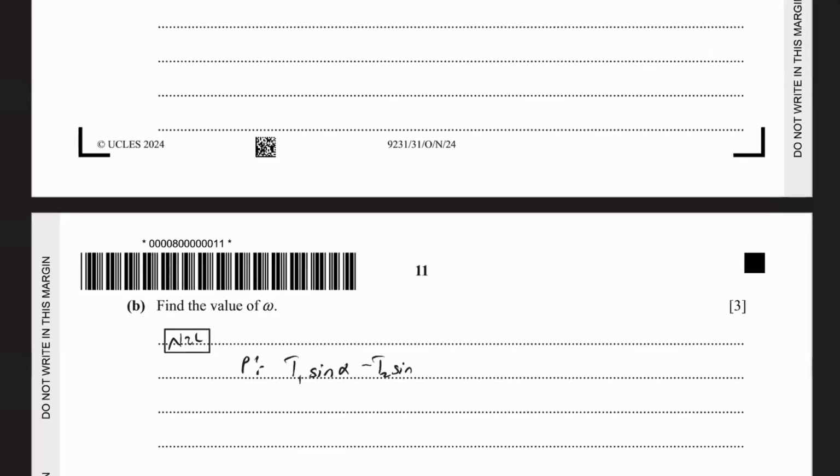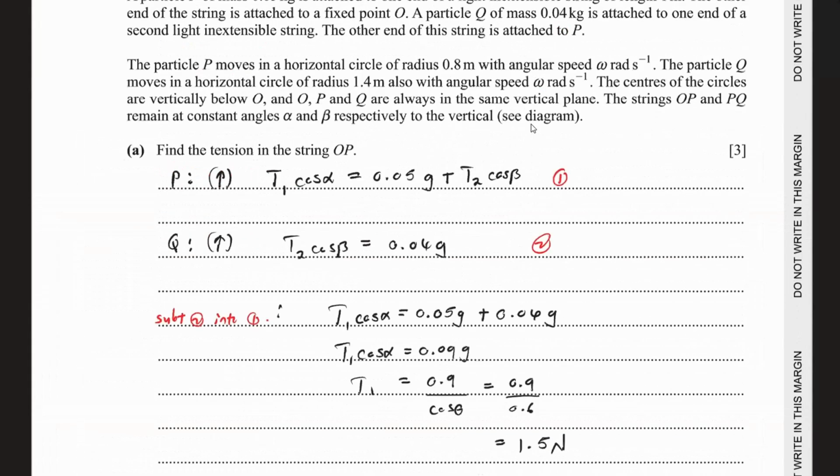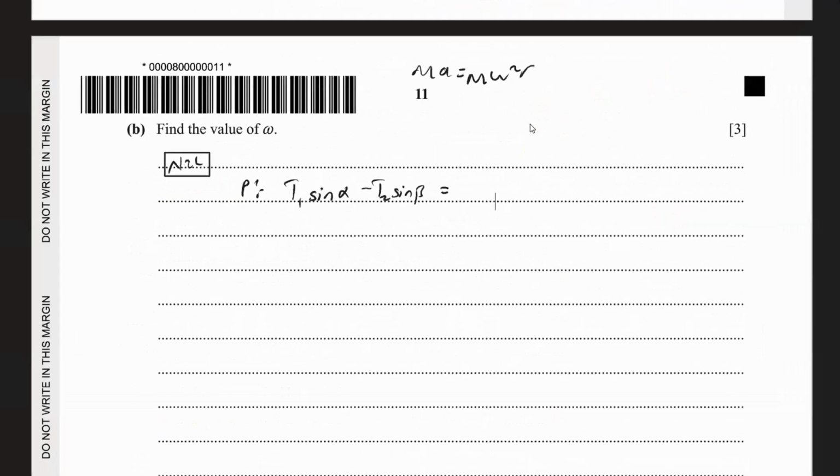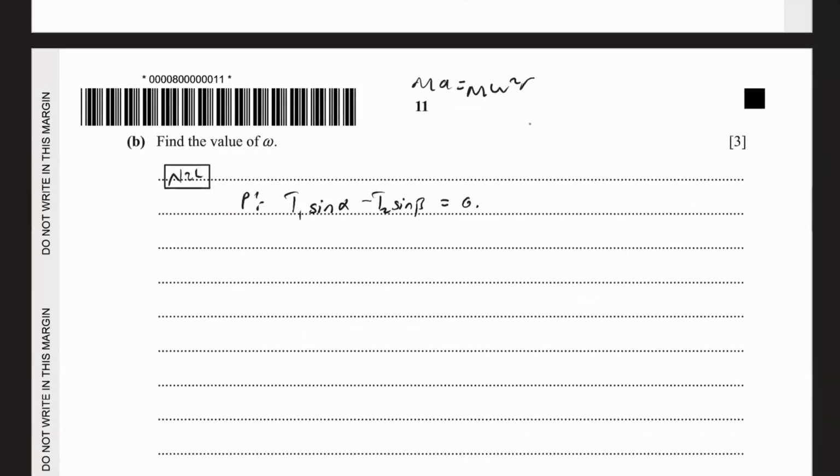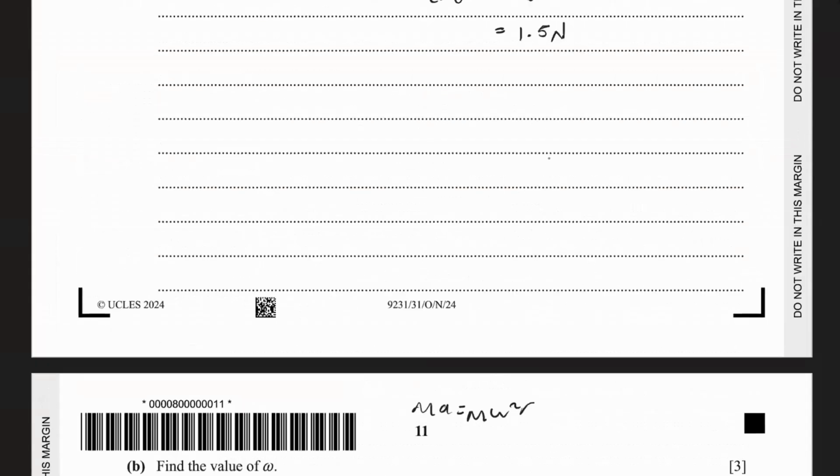It has to be equal to mass times acceleration, which is m omega squared r. Do we know what the mass is? I think we do know the mass of P to be 0.05 kilograms. So that's 0.05 times omega squared times the radius.